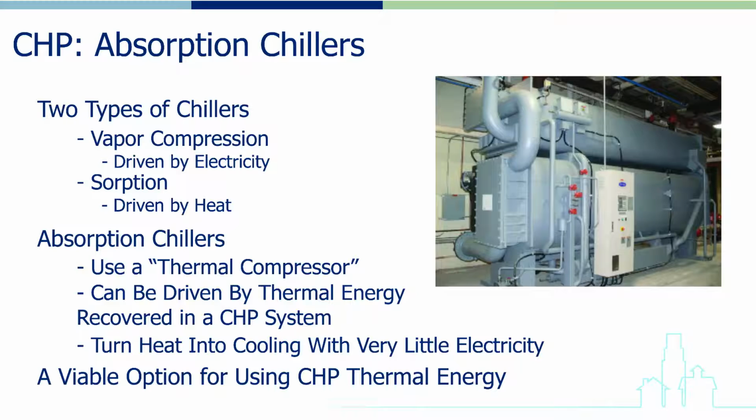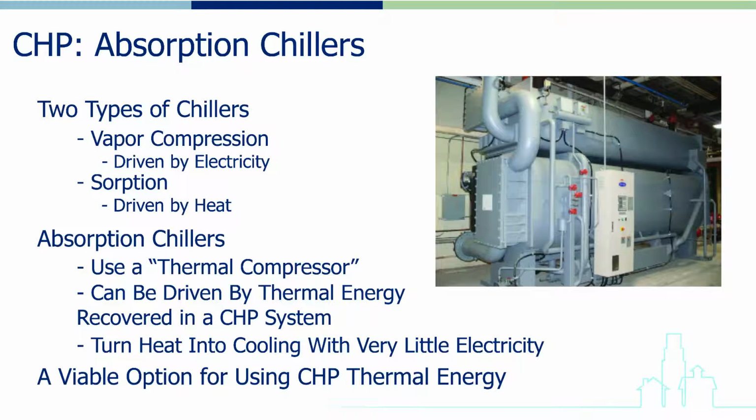Vapor compression chillers are most often driven by electric motors. Sorption chillers, which are available in either absorption or adsorption designs, are driven by thermal energy, heat, using a thermal compressor instead of the mechanical compressor found in vapor compression chillers. Absorption chillers are often driven by thermal energy produced from a direct-fired burner, but they can also be driven by thermal energy recovered from combined heat and power systems, like reciprocating engines, gas turbines, microturbines, and fuel cells.